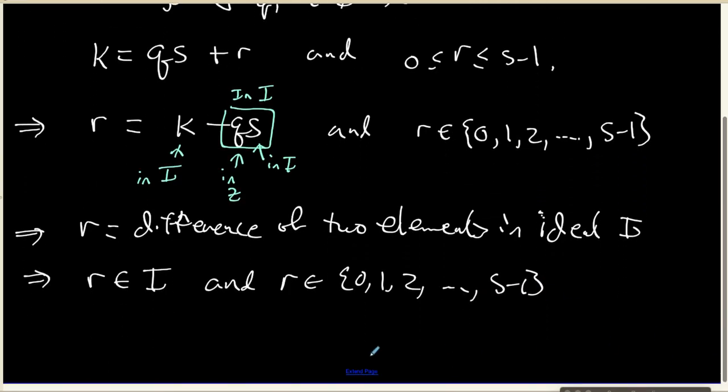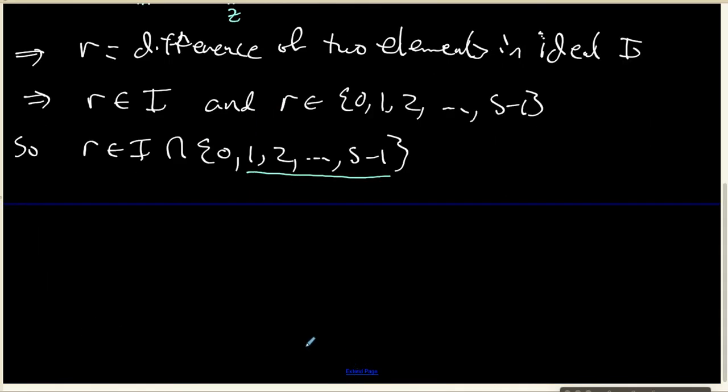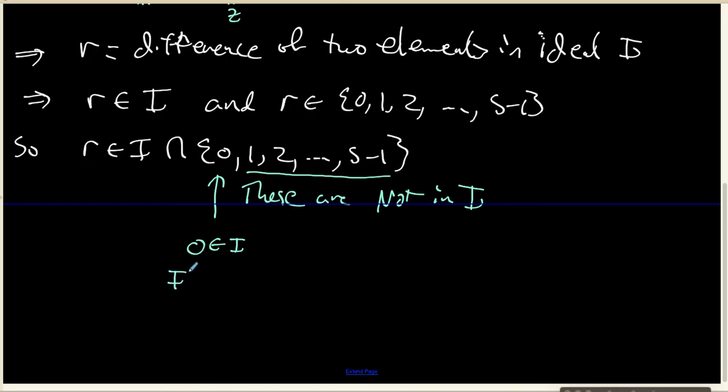Well, what we've now got is this. R is inside the intersection of I and the set containing 0, 1, 2, all the way up to S minus 1. But that fact that I asked you to remember, I want you to remember it right now. None of these underlined guys are inside I. But 0 is inside I, and that's because I is a subring.